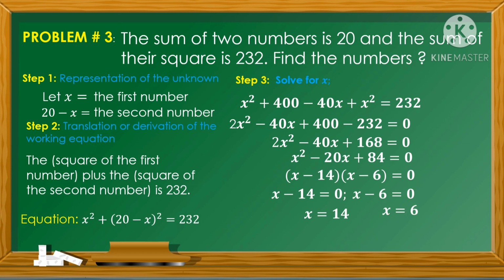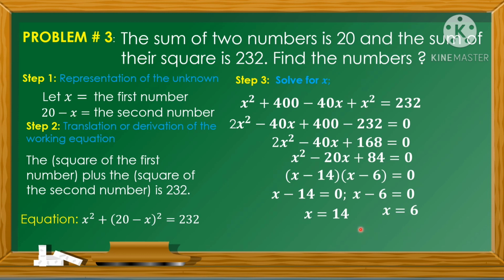Okay? So if your first number is 14, what is your second number? 20 minus 14 is 6. So you have 14 and 6. But if your first number is 6, then 20 minus 6 is 14.